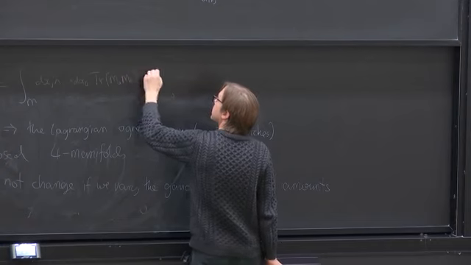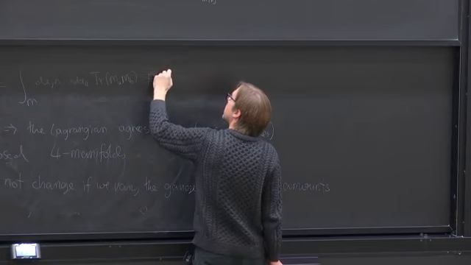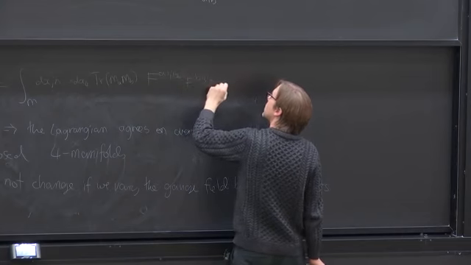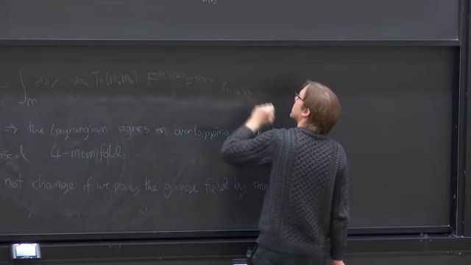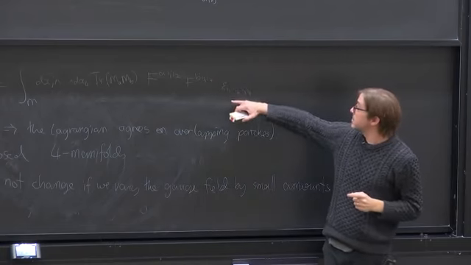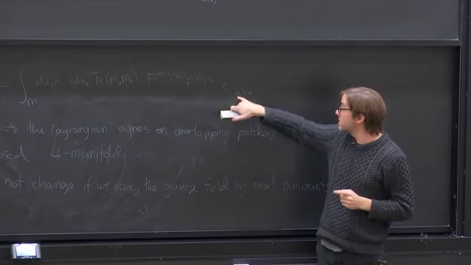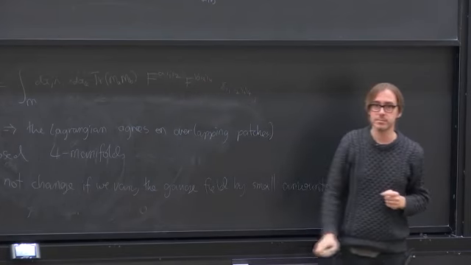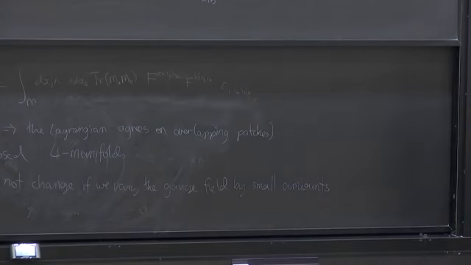And here I have f a i1 i2, f b i3 i4, epsilon i1 i2 i3 i4. So the difference is this epsilon tensor, not present in the Yang-Mills action. Instead, in the Yang-Mills action, you're raising and lowering these indices using the metric. So that's what makes this one much simpler.